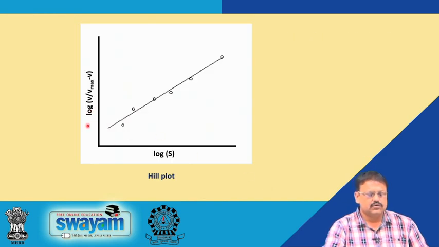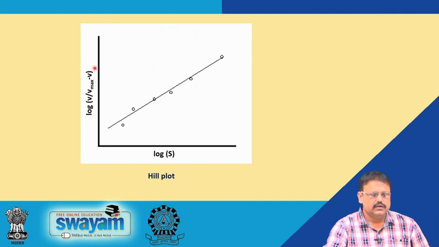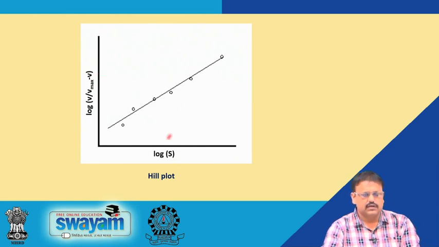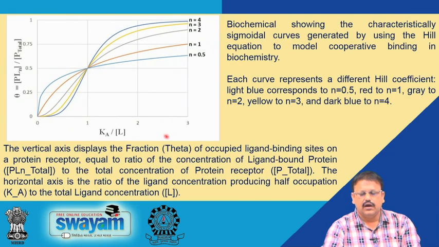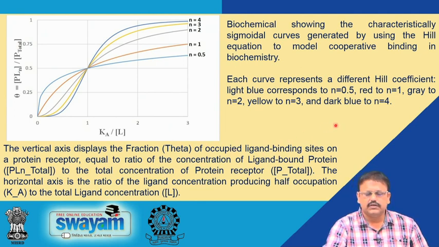For that we plot the experimental data here, log s versus log of v by v max minus v. From there we can calculate the kinetic parameters. It is observed that for different n values the curve is different, and all curves are sigmoidal in nature. This n value is called the cooperativity.